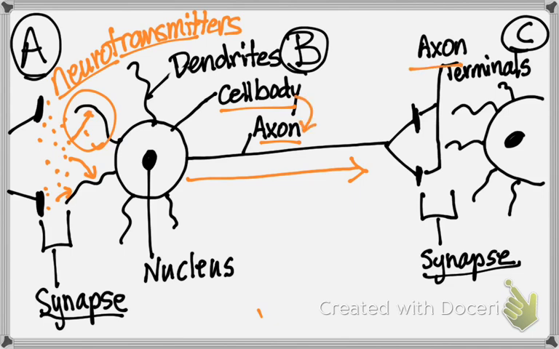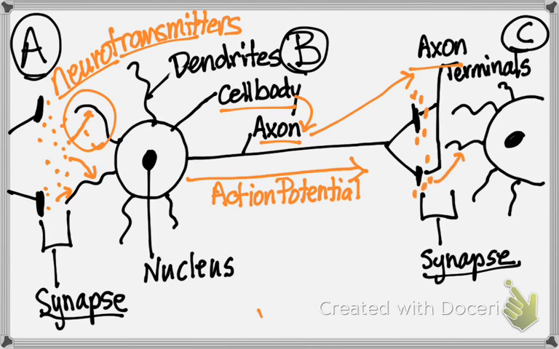Okay, cell body to axon, axon to axon terminals. And so we call this an action potential. If you have the potential for something, that means you have the ability to do something, right? So an action potential is the ability to do an action. And guess what action nerve B is going to make? It's going to release its neurotransmitters.